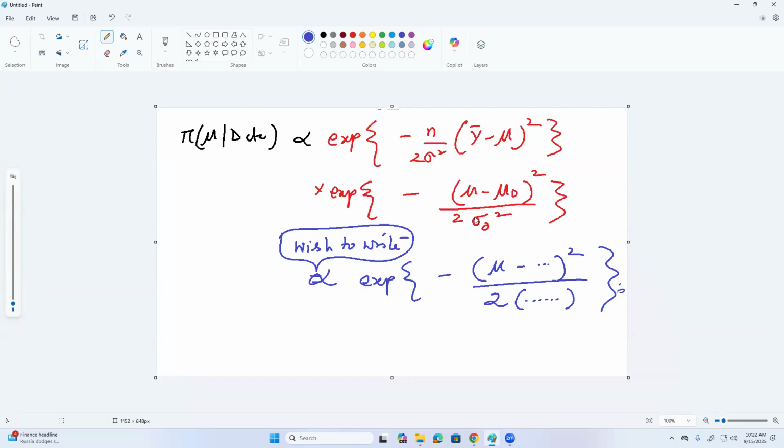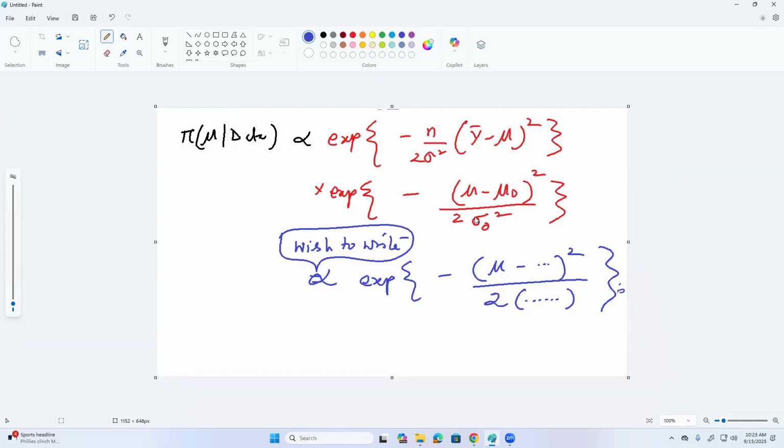This is my intention. Why? Because if I can write it in that form, then I can say that the posterior distribution of mu again follows a normal distribution with that mean and that variance in the denominator of the exponent. So this is my target.